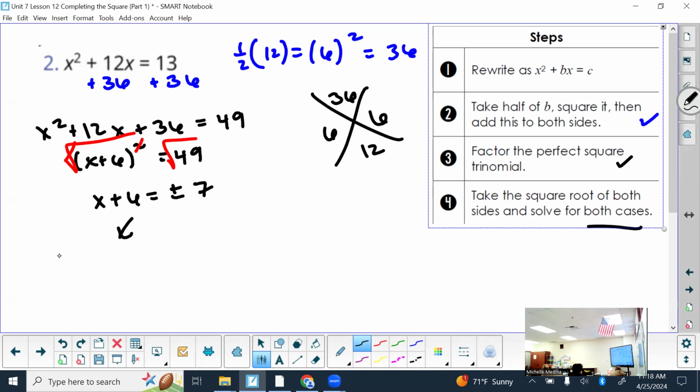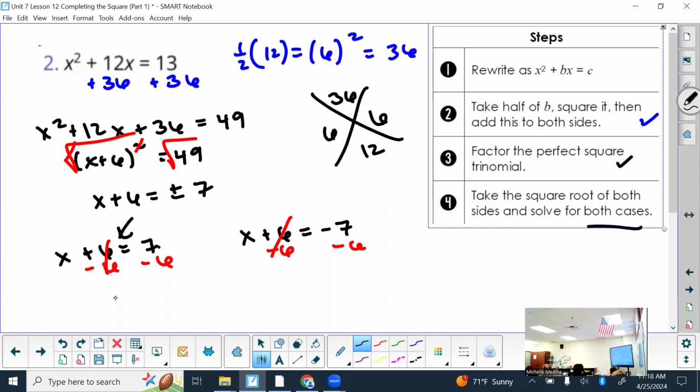From here, you can break it up into two separate problems, one where you're solving for positive 7 and one where it's negative 7. You're still isolating x, though, so what's the opposite of adding 6? Whatever you do on one side, you do on the other.